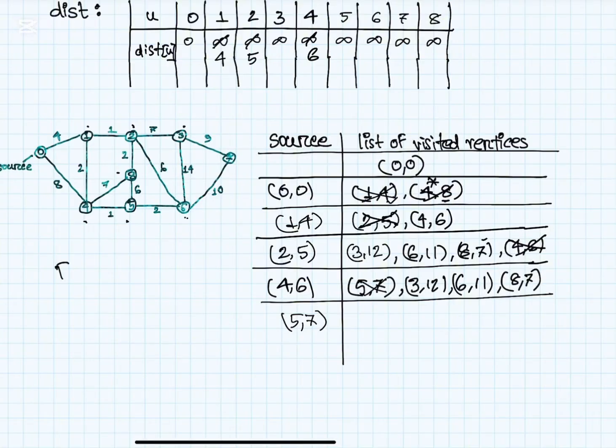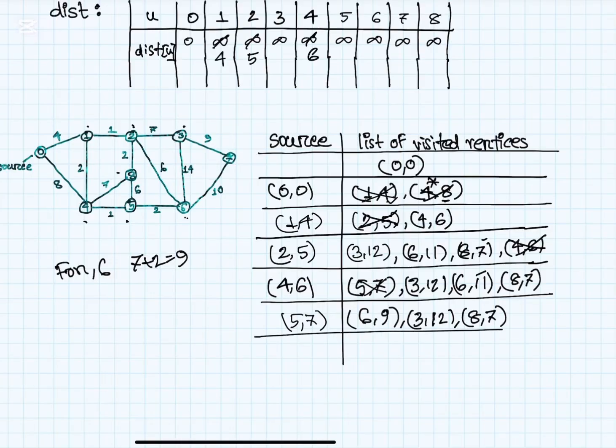So for 6, new distance will be 7 plus 2 is equal to 9, which is smaller than 11. So 6, 9, 3, 12, 8, 7. 8, 7, we forgot to change the distance.